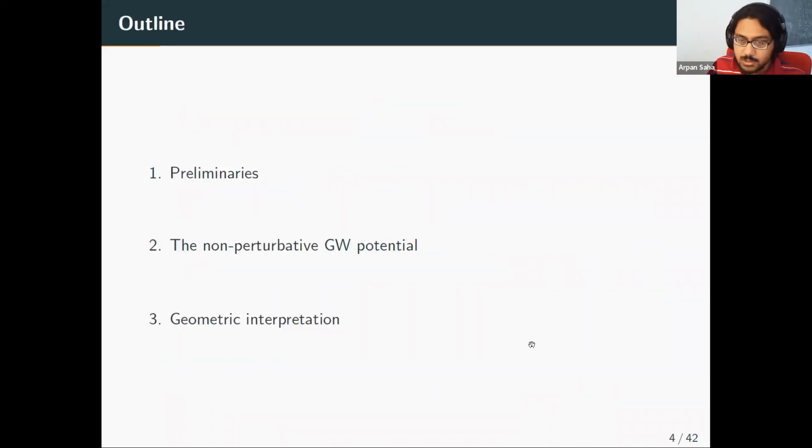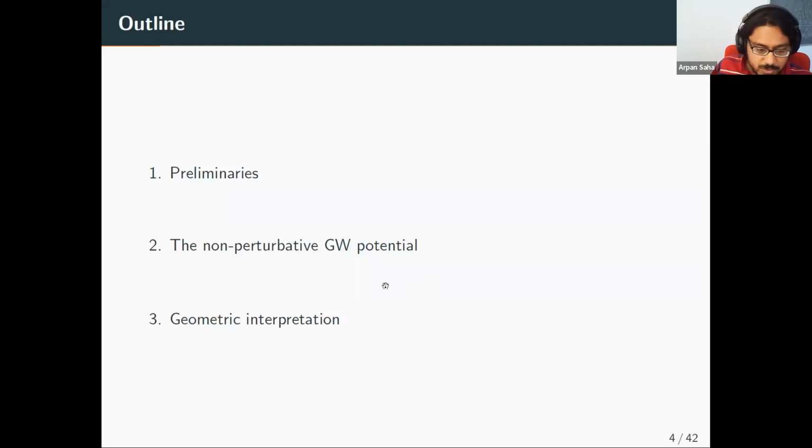So this is going to be the plan for the talk. First, I will discuss some preliminaries where I will introduce the ingredients of the correspondence. In particular, as someone asked, I will actually say what DT invariants are. I'll also introduce what resurgence is.